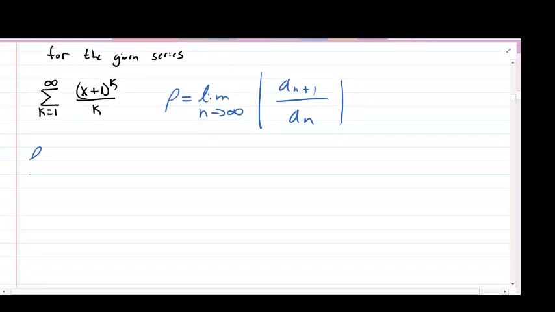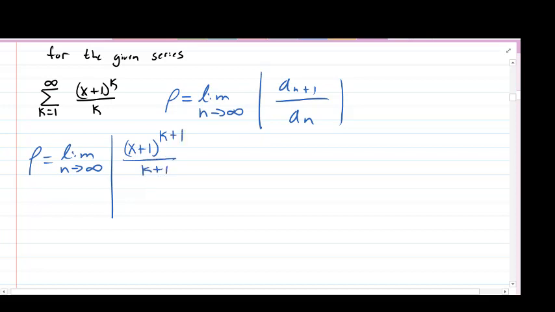So that's what we're going to do, so let's come down here and plug in our terms. That'll be the absolute value. a_(n plus 1) is going to be (x plus 1) to the n plus 1 over n plus 1, over (x plus 1) to the n over n.